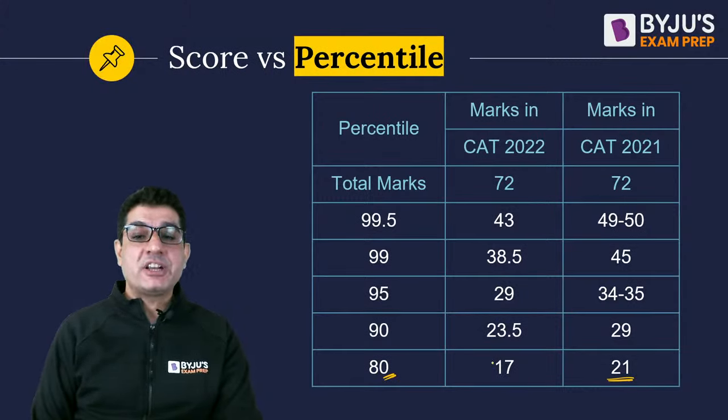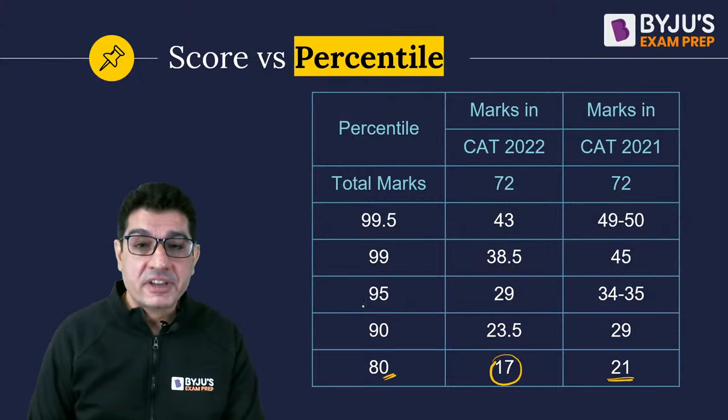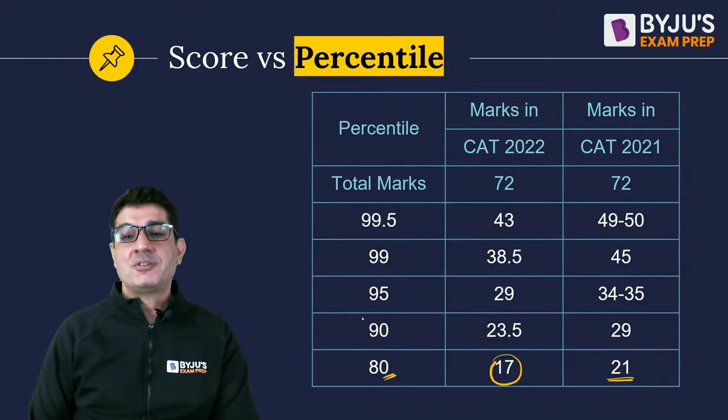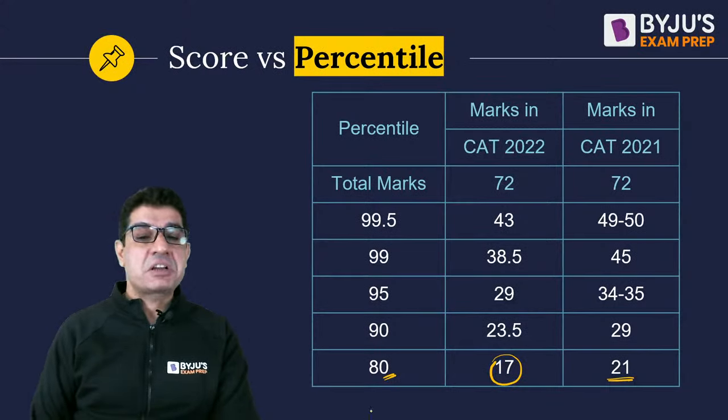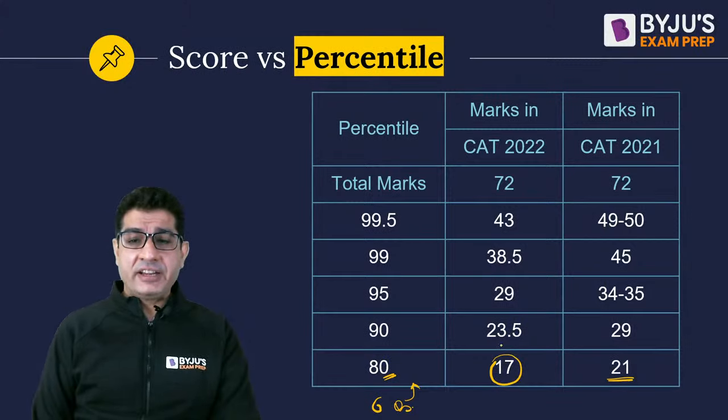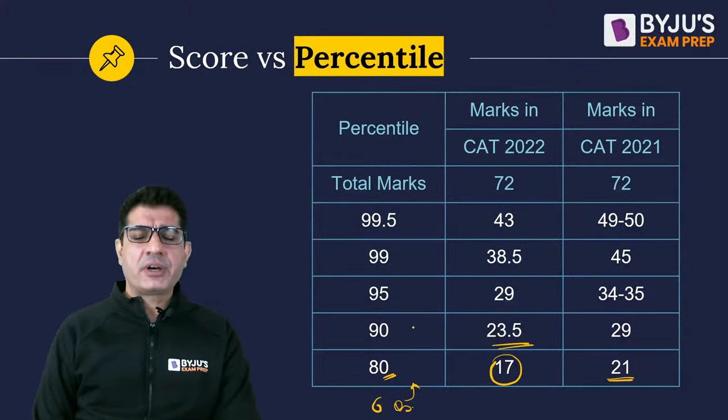In CAT 22, that dropped down to 17. That's a significant fall, 4 marks down. If you attempted 6 questions and got them right, you'd get 80 percentile. 90 percentile was at 23.5.